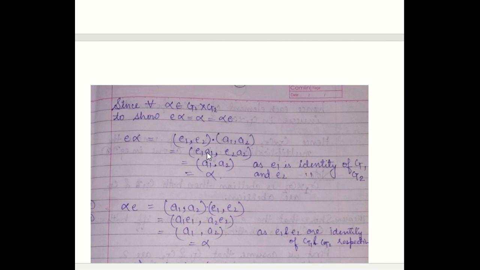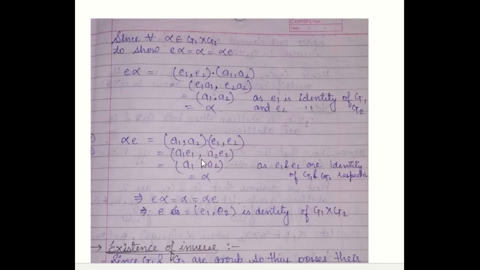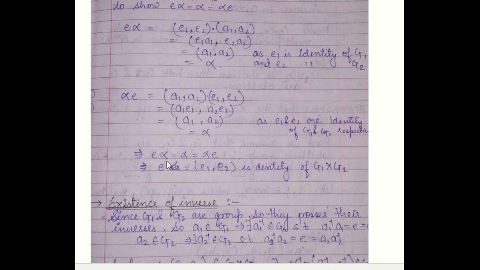E1 and A1 are elements of G1 and E2 and A2 are elements of G2, where E1 is identity in G1 and E2 is identity in G2. So this implies we have (A1, A2), which is alpha. Similarly, by taking alpha times E, we can easily show that it is equal to alpha. So we have completely shown that E alpha is equal to alpha E.